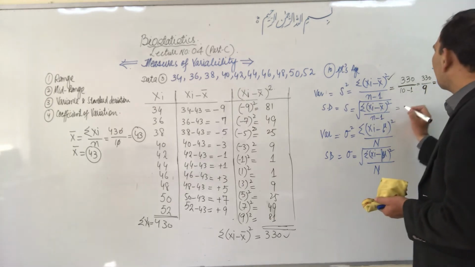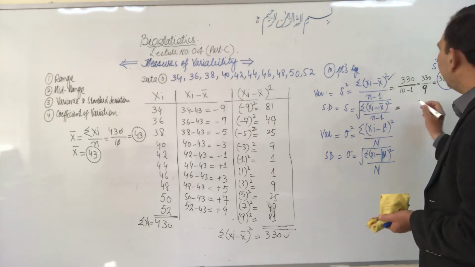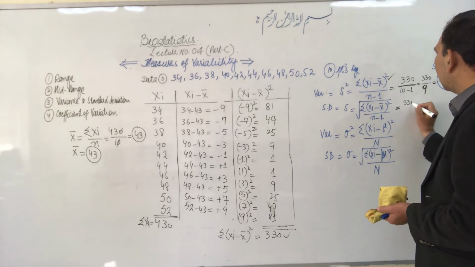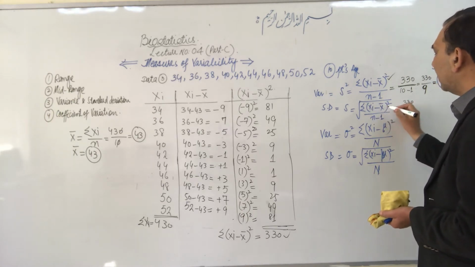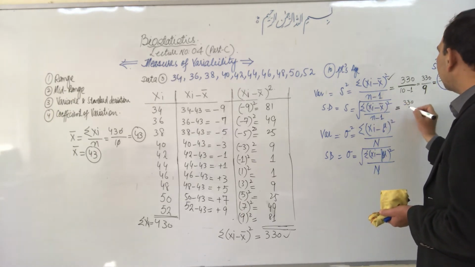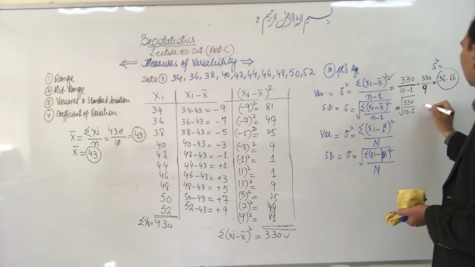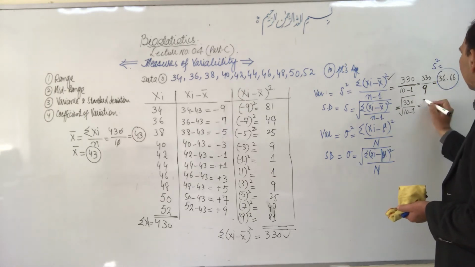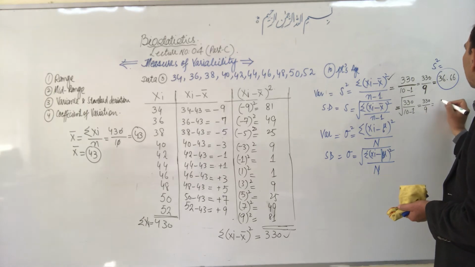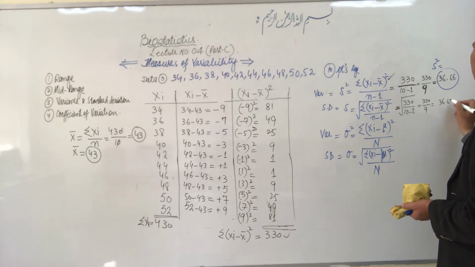Now, in the standard deviation, the sum of the xi minus x bar whole square is 330, and n was 10 minus 1, and the whole square. We calculated 330 by 9, and we come up with 36.66.